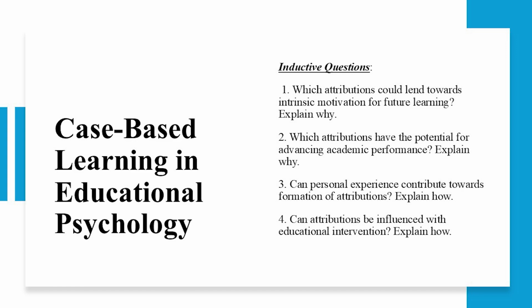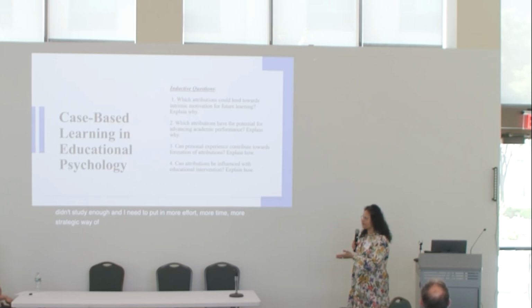Explain why. The last question applies to classroom teaching. So as teachers, when you have students who are attributing their successes and failures to external factors, such as, oh, the questions were all from the review sheet, and therefore I did well because it was practiced in class, compared to another student who may say, well, I didn't study enough and I need to put in more effort, more time, a more strategic way of preparing, will have a different goal and plan for the future.